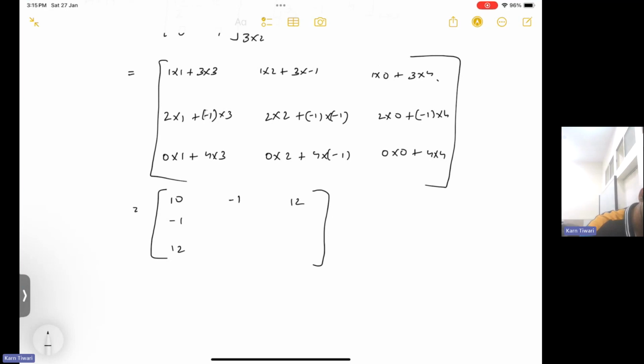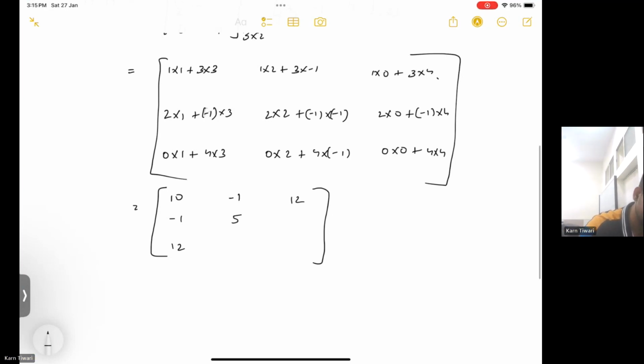Here it will be 12, then here it will be 5, here -4, and -4 similarly, and here we are gonna get 16. So the answer will be basically option C in this first question. So I hope it's clear how you need to solve the problem.